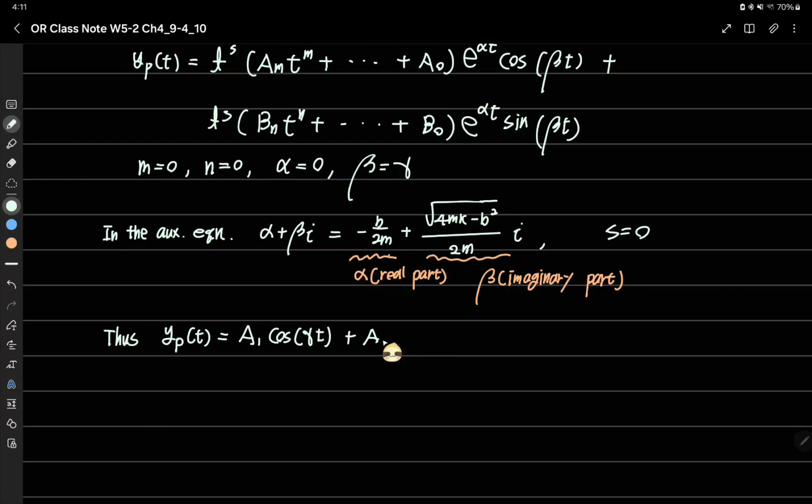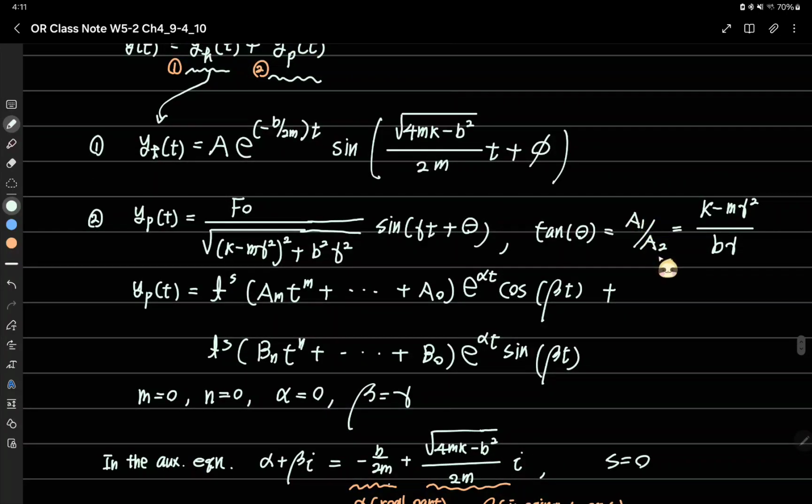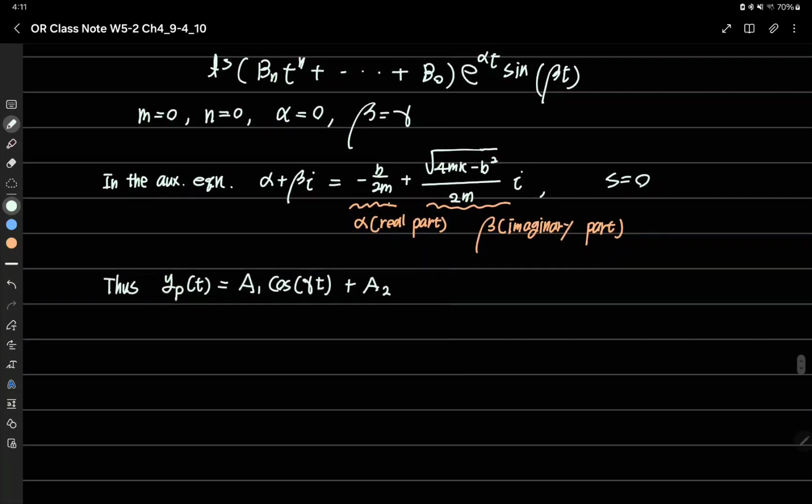So A2 represents just B0 actually, and the one with cosine must be A0 over B0.